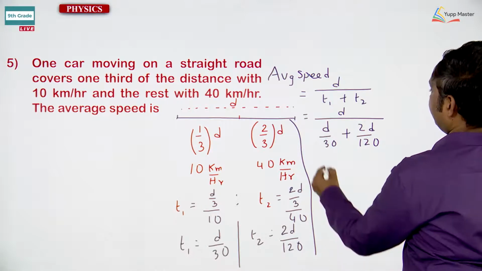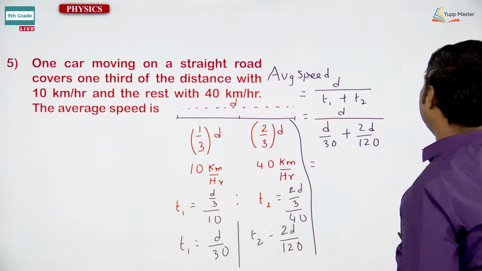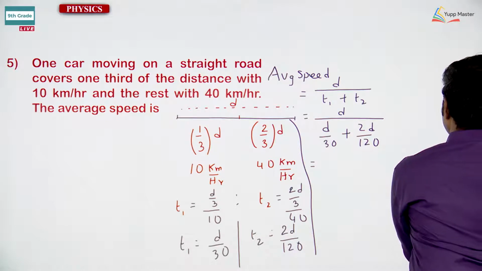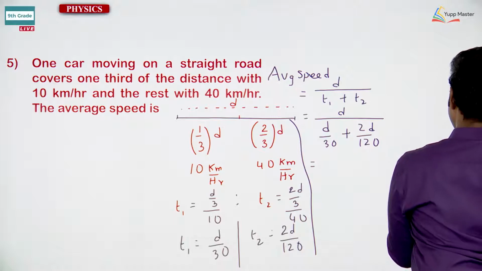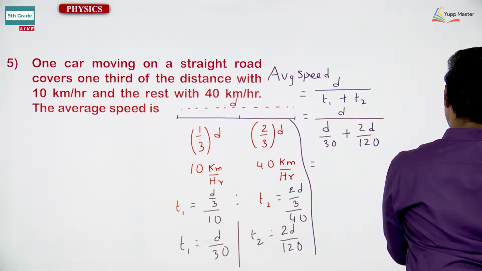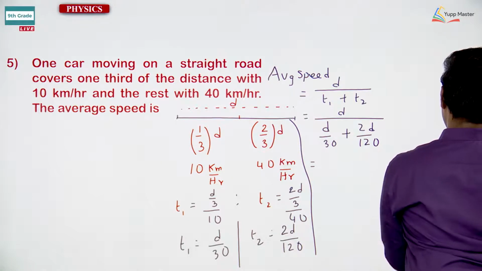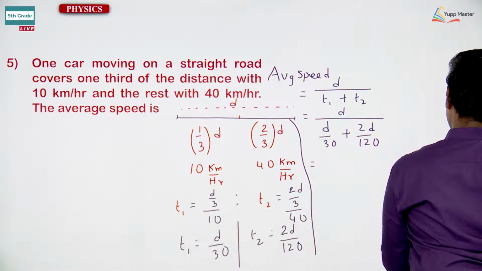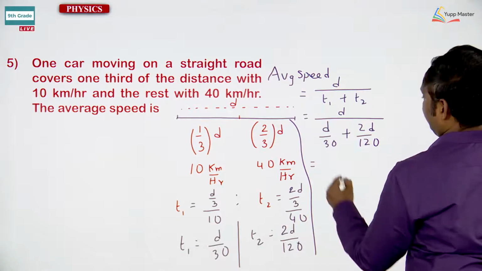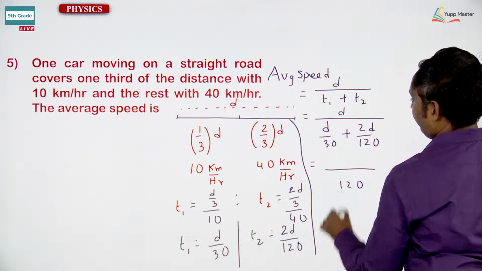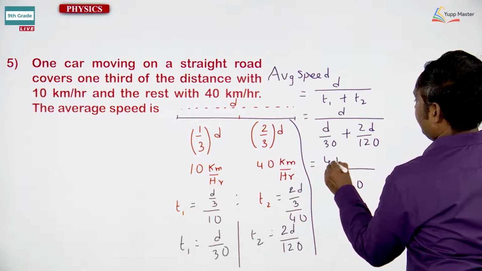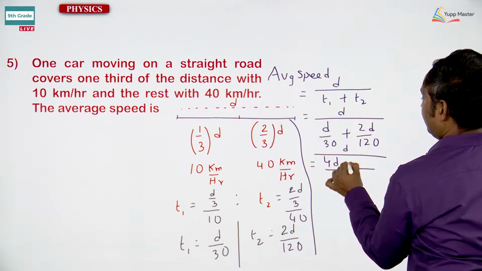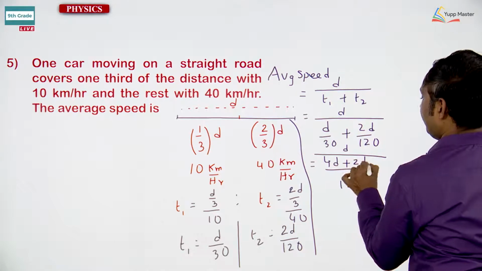Now you can do the calculations, just take the LCM. We take 30 and 120, so 40, 120, and you will get 120 as the LCM. Now you will get 4d whole upon d, 4d plus 2d.